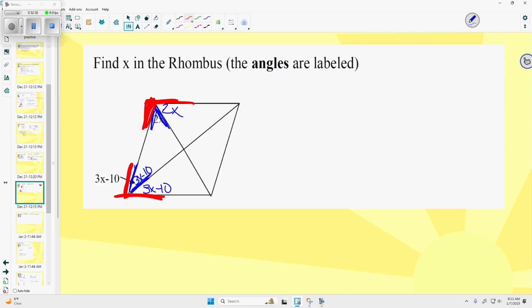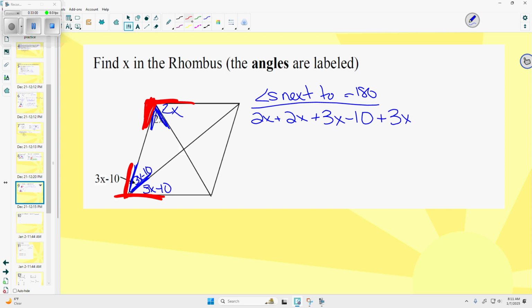What's going to add up to 180? I'm hearing 2x plus 2x, I think I heard. And? Absolutely.